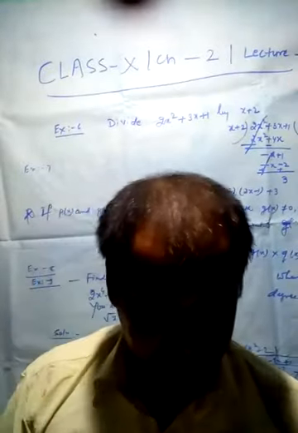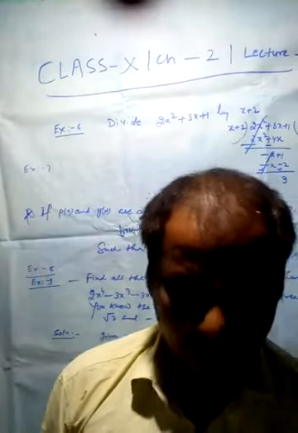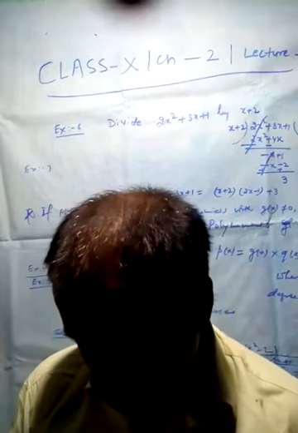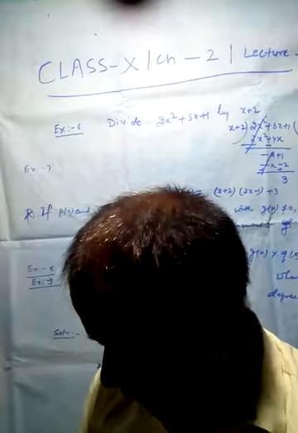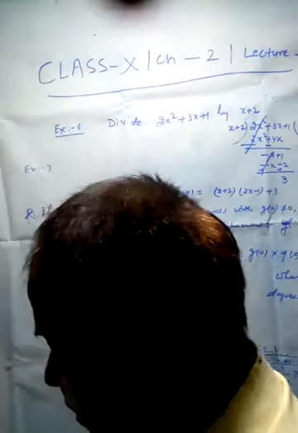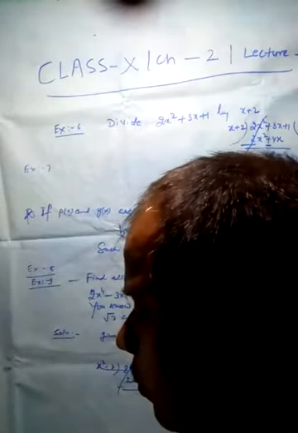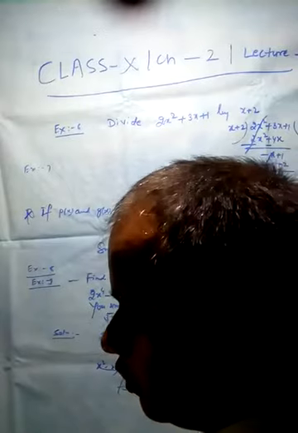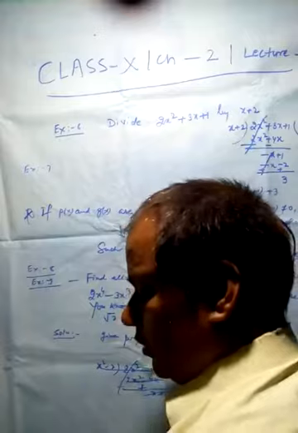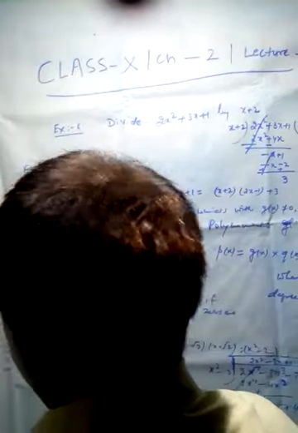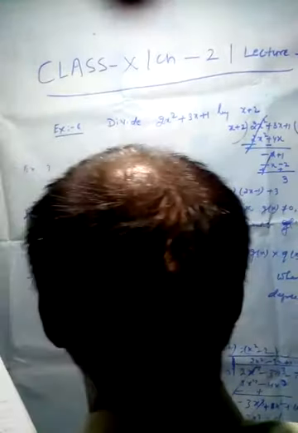Example number 9. Find all the zeros of 2x⁴ − 3x³ − 3x² + 6x − 2 if you know that two of its zeros are √2 and −√2.